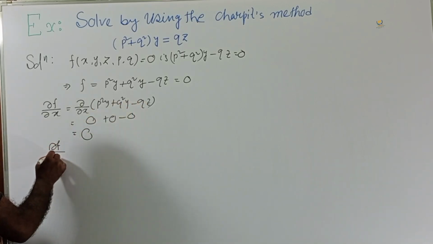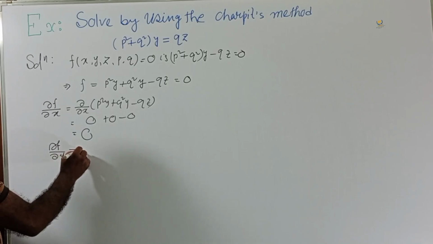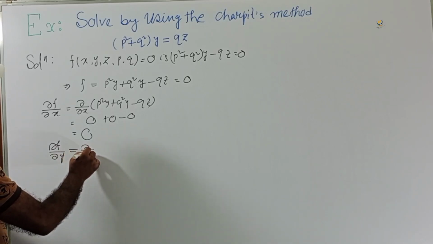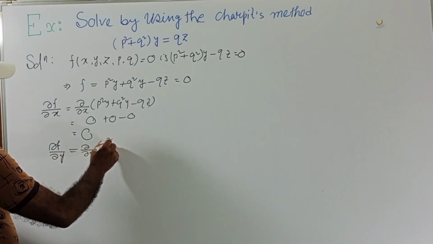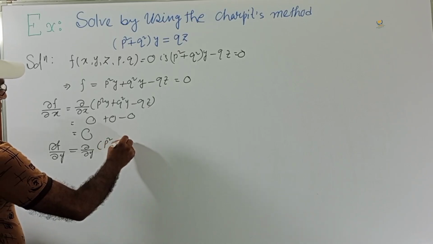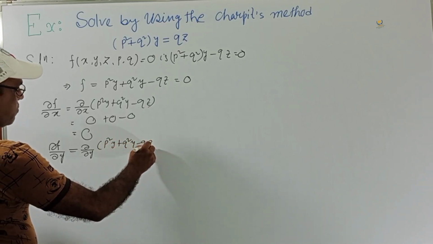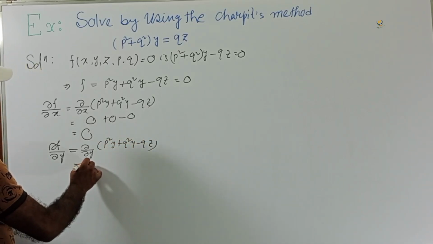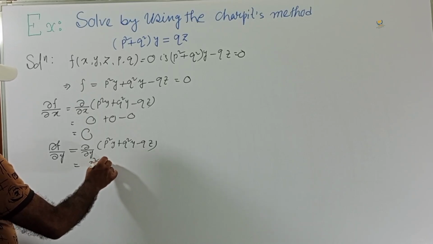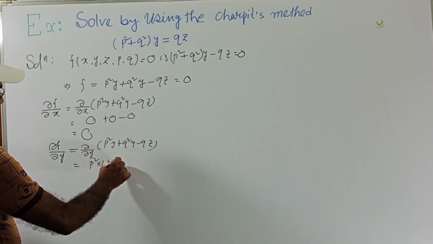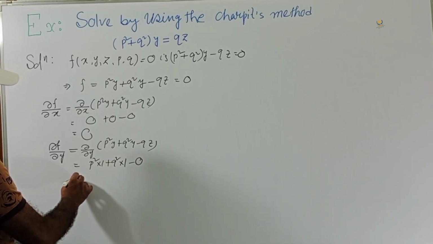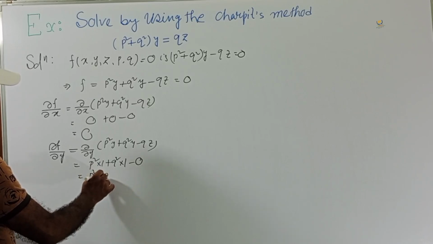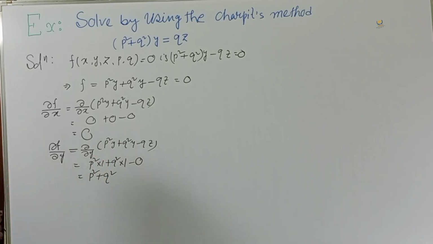Del f del y: differentiating p²y + q²y − qz with respect to y gives p²·1 + q²·1 − 0, so del f del y is p² + q².